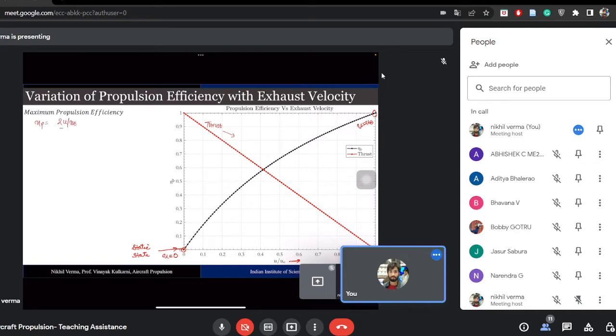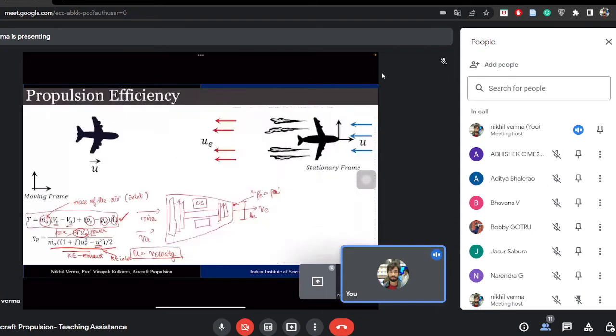From these two equations, we have propulsion efficiency equal to m dot a into (V exhaust minus VA) into VA, and at the bottom we have, I'm assuming that P exit is equal to PA, which means the exhaust is coming out at a design condition.